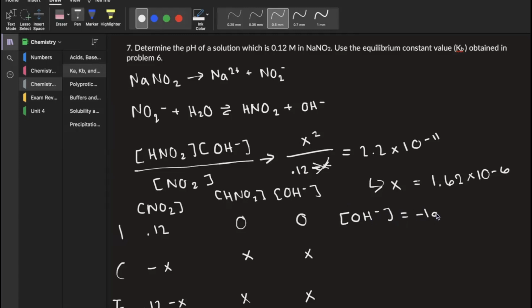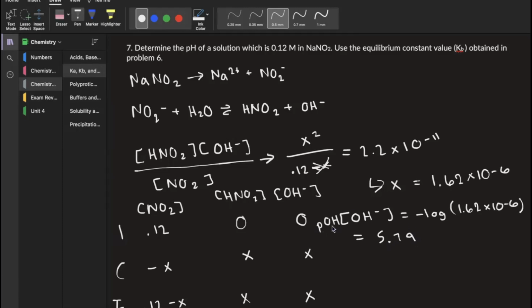So negative log of 1.62 times 10 to the negative 6 gives us 5.79.